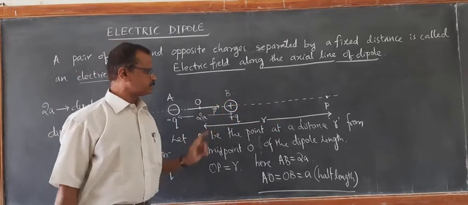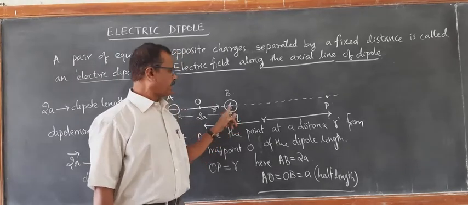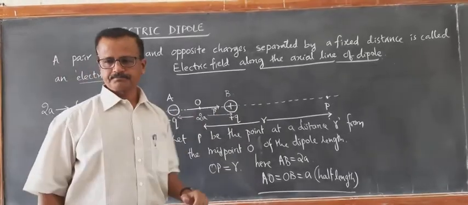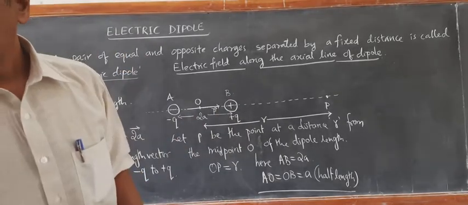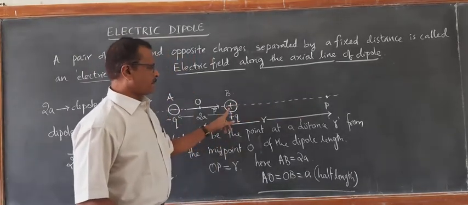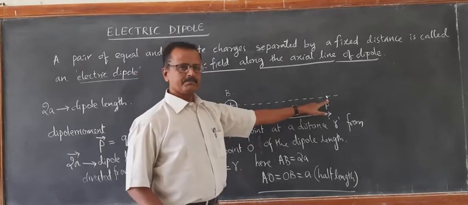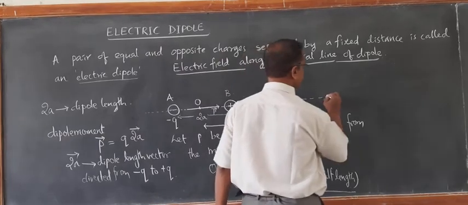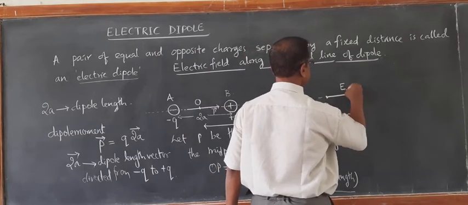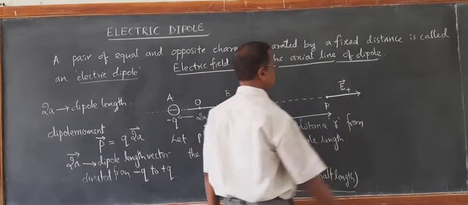So the electric field at this point P is due to the positive charge at B and the negative charge at A. If you look at the point P, the electric field due to the positive charge will be repulsive, so it will be directed away. This becomes the direction of E plus.